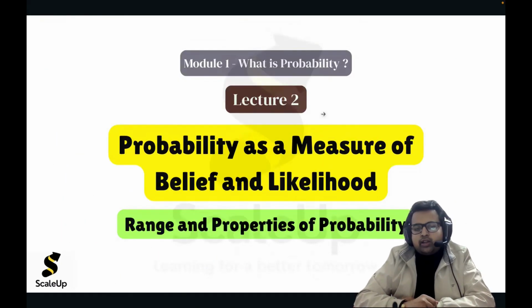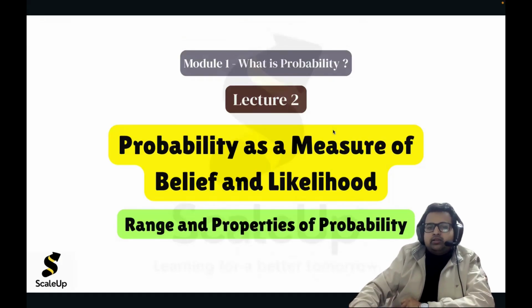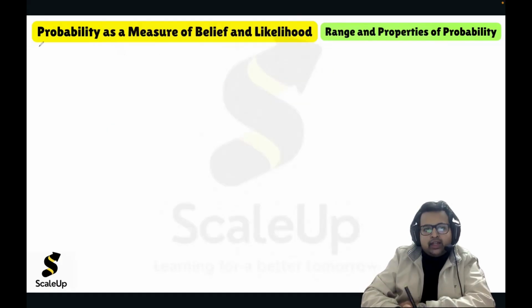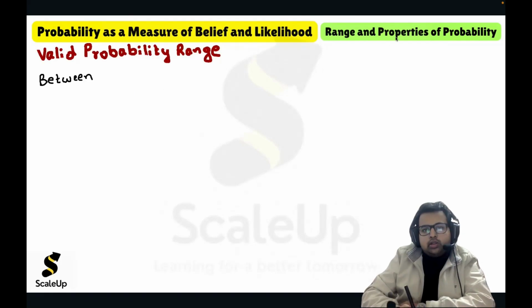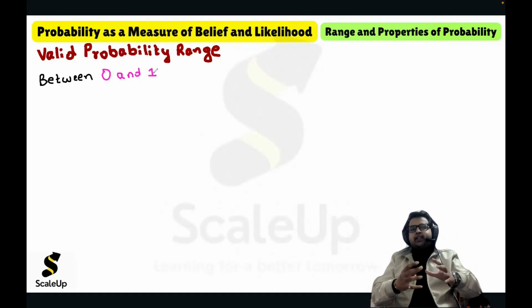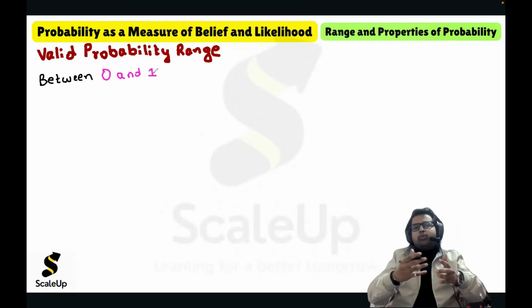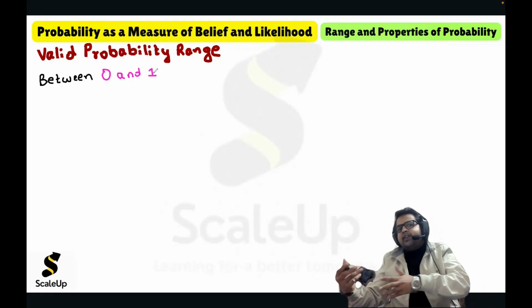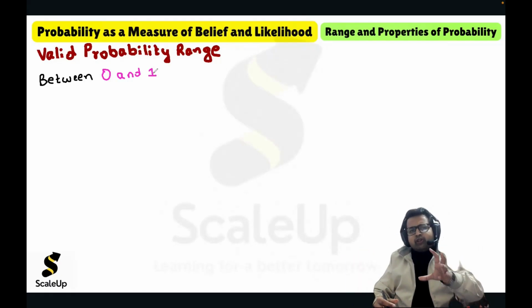Okay, now we'll look at the next topic of this lecture, that is range and properties of probability. Now, the valid probability range is between 0 and 1. Always remember, probabilities can never be negative, and probabilities can never be greater than 1. The value of a probability has to be between 0 and 1, including 0 and 1.